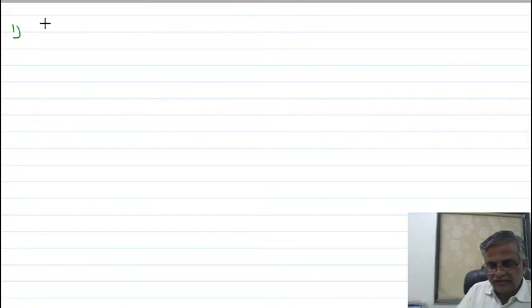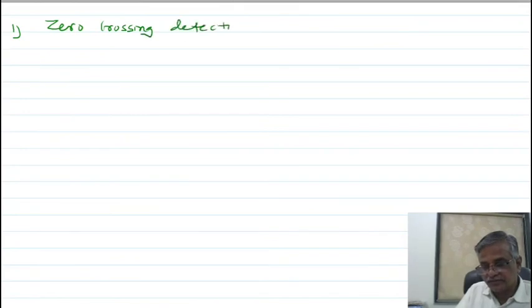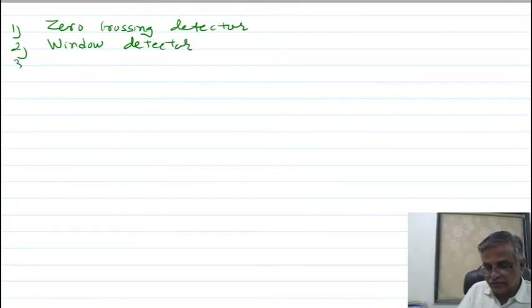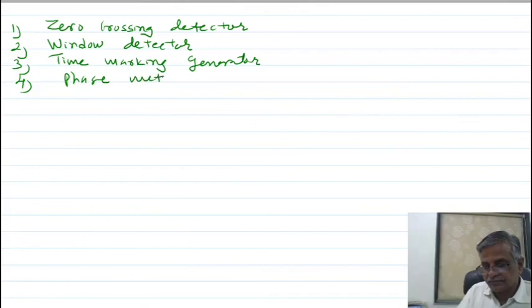From these 4 applications we will discuss: first, zero crossing detector, second, window detector, third, time marking generator, and fourth, phase meter. We will study these 4 applications.